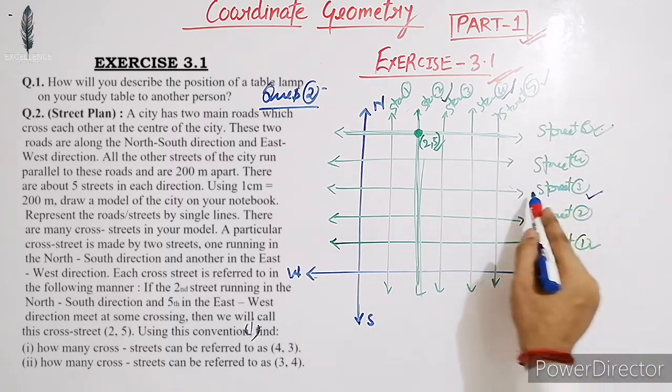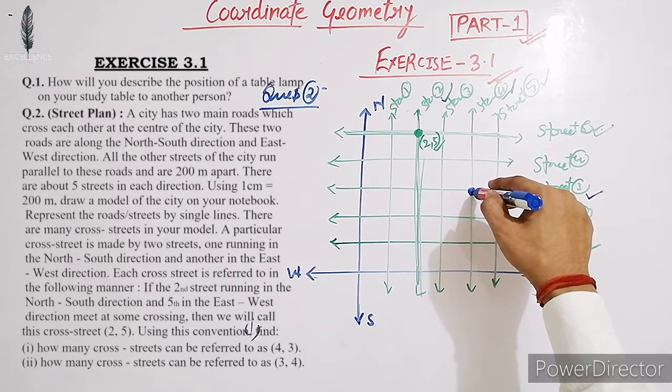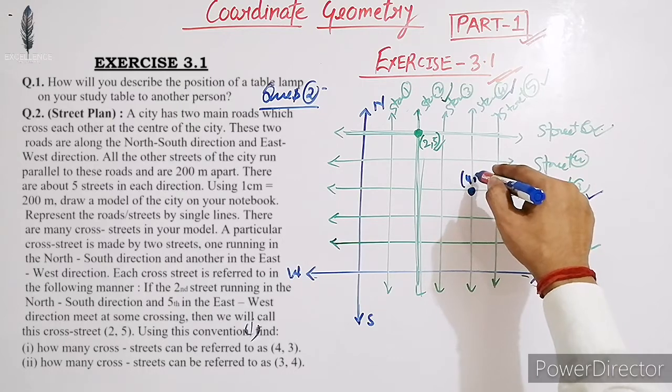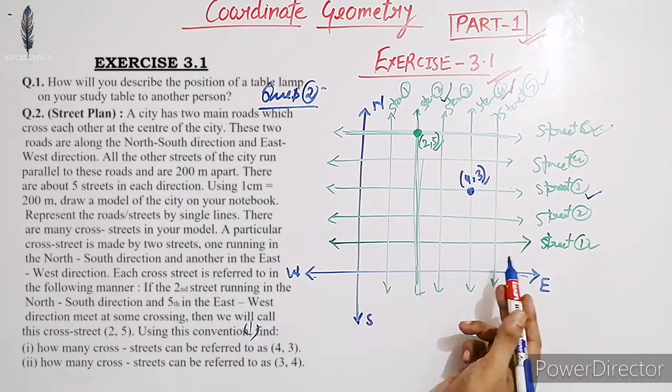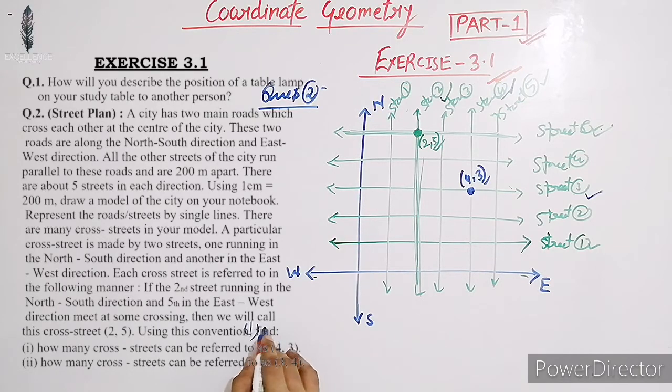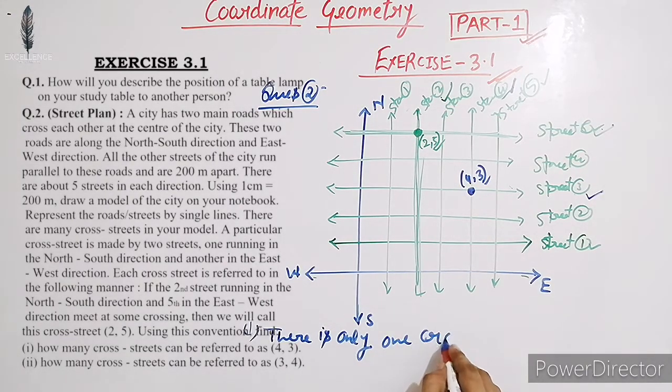So from the figure we can conclude that only one point has the coordinates (4, 3). So there is only one cross street which can be referred as (4, 3).